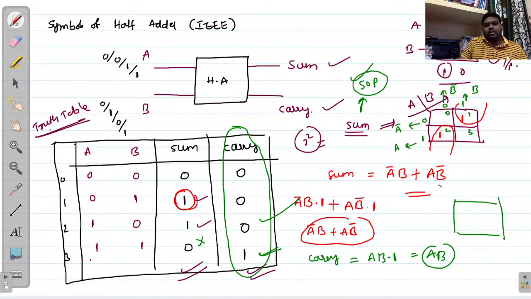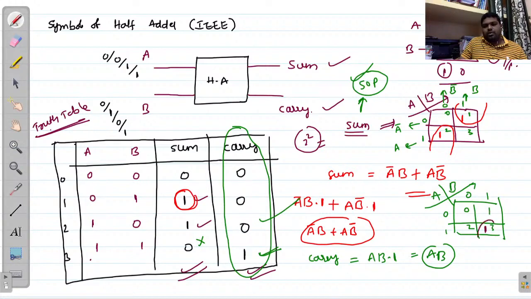This is also 2 variables, so I am taking A, B, and 4 square boxes, 0, 1, 2, 3, and this is 0, 1, 0, 1. And here the third possibility has the active combination, so that means 1. You indicate 1 only at this position, and the remaining are all 0.